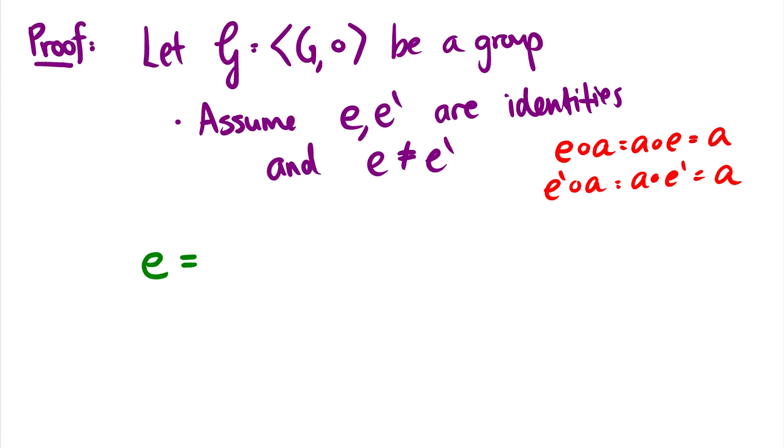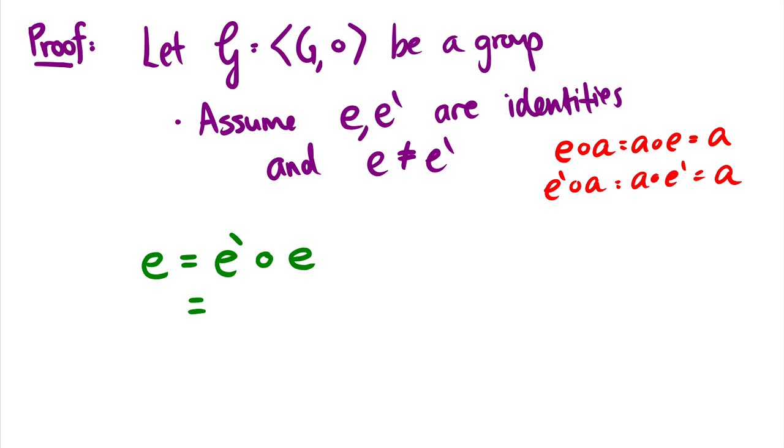Well, what is E? Well, if we take the identity element E prime and then use the operation with E, well, this is just equal to E, right? So this is the same, because this E prime is an identity element, so it should map E back to itself. But what do we know about this group?